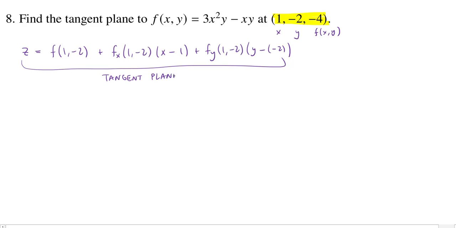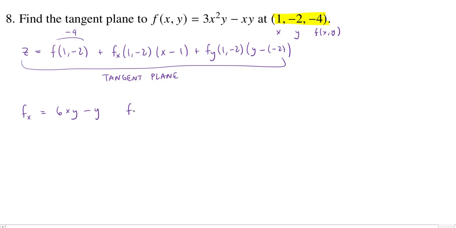Now, we're not done, of course, because we haven't computed all of these different values. Well, the first one, like I said, I gave that to you. So this is going to be -4. But we actually need to compute some partial derivatives. Okay, not too bad. A partial derivative with respect to x. So we treat the y as a constant, and we're going to get 6x times y. And then here again, we're treating y as a constant, so we'll just get minus y, because the derivative of x is 1.